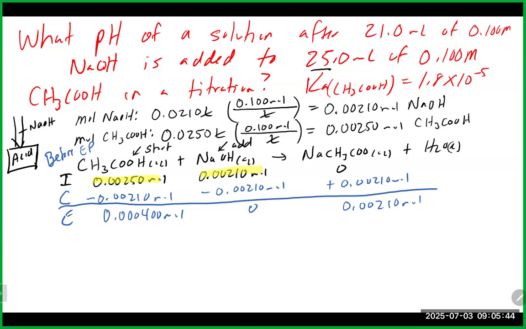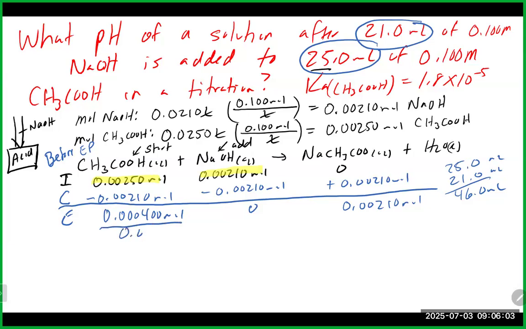All right, so to convert back to molarity, obviously we need to take the volume we started with and the volume that was added. So clearly here we had 25 and 21. I'm going to try it without the calculator. 46 milliliters, I think, is what we end up with. So we're going to divide this. Once again, we do need to divide it by the liters version of that. So 0.046 liters. And that's going to give me some molarities there.